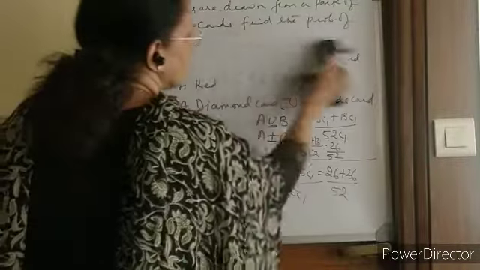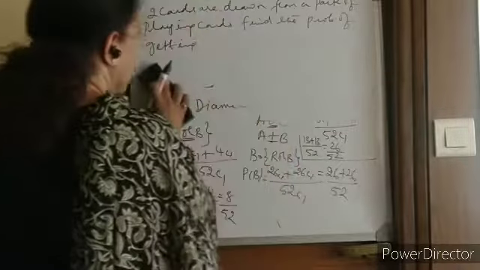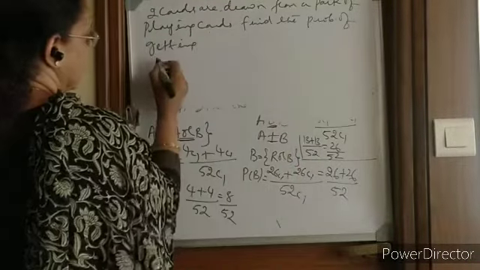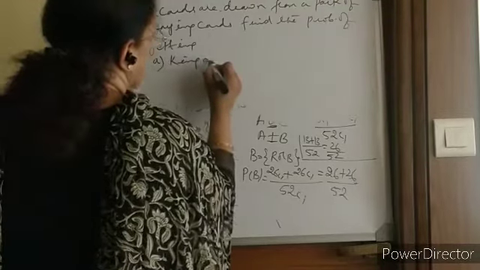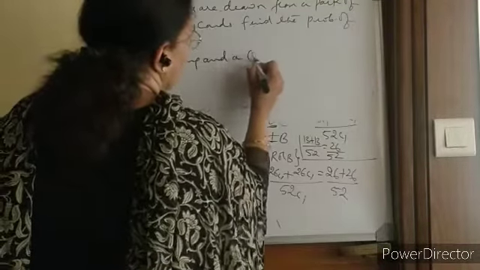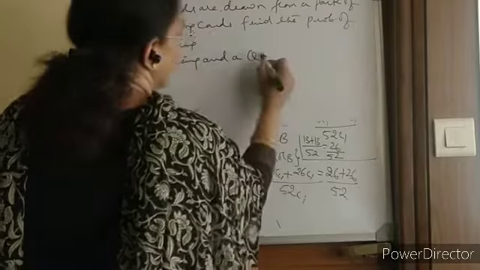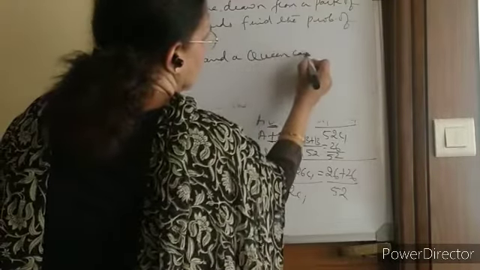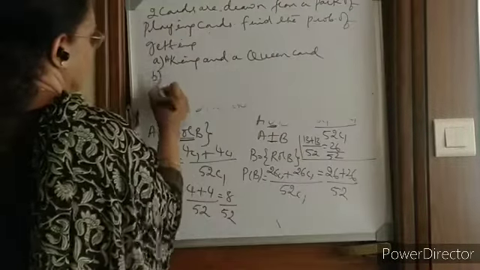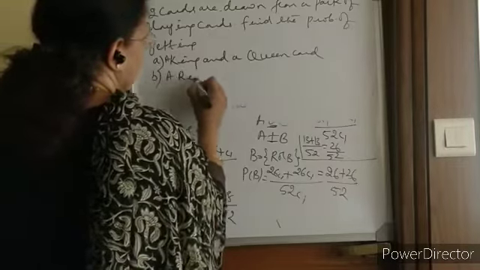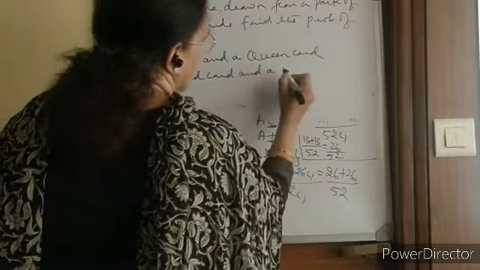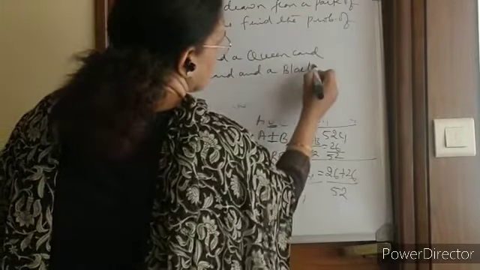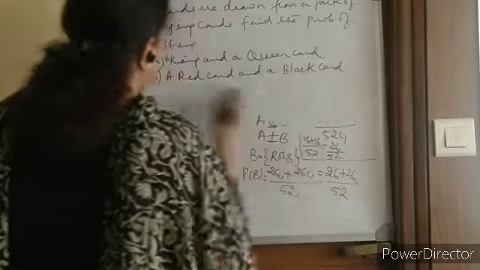Find the probability of getting a king and a queen card. A king and a queen card. So second one, a red card and a black card. So you can have the same type.